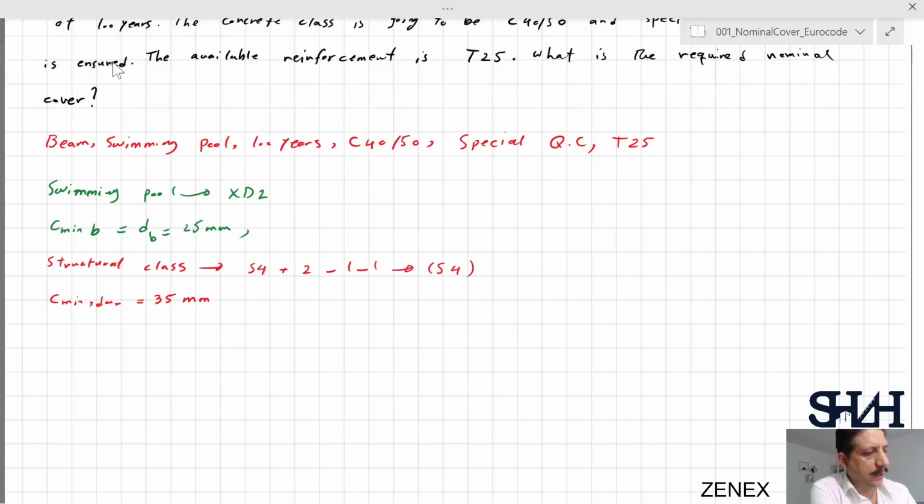Then we can calculate C minimum, which is the maximum value of C minimum b, C minimum durability, and 10 millimeter.